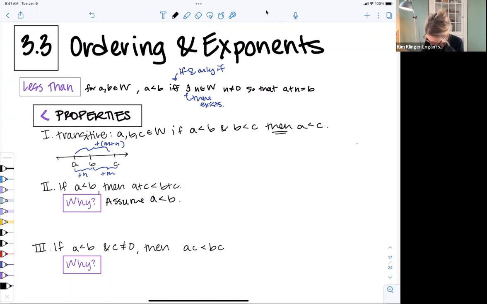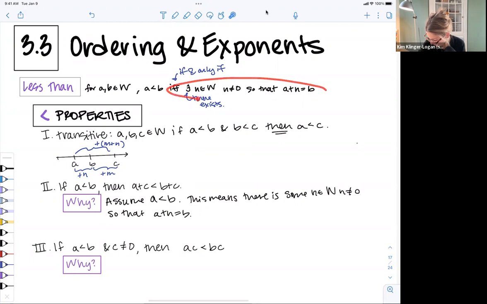Okay, so let's assume this is true. So this means there is some whole number n not equal to 0, so that A plus n is equal to B. That's just how our characterization on the right works, right? It's just literally what it says.